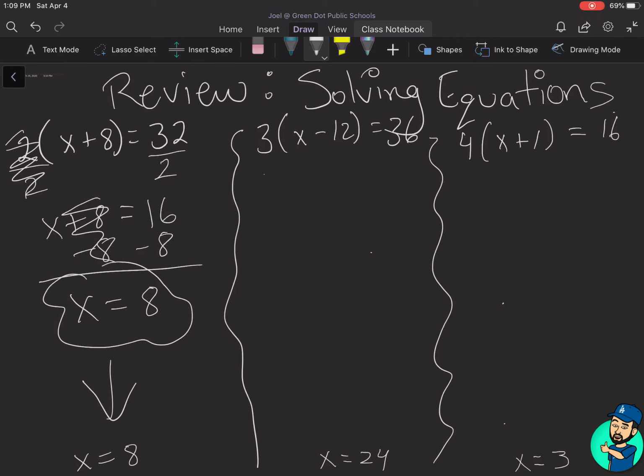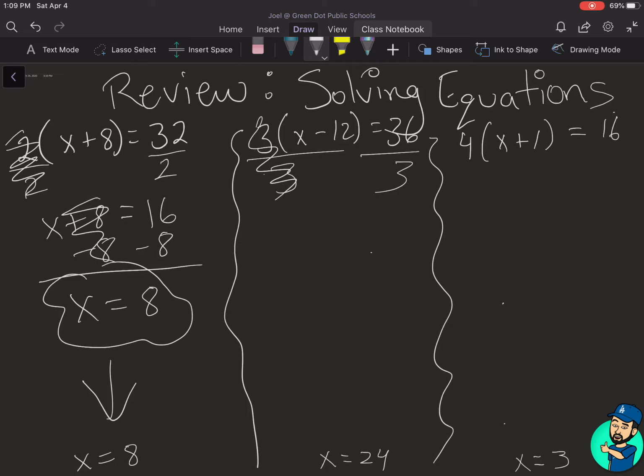Let's look at the middle, the center. I'm going to first divide 3 to both sides. The 3's cancel out. Well, technically it turns into a 1, but it's invisible.